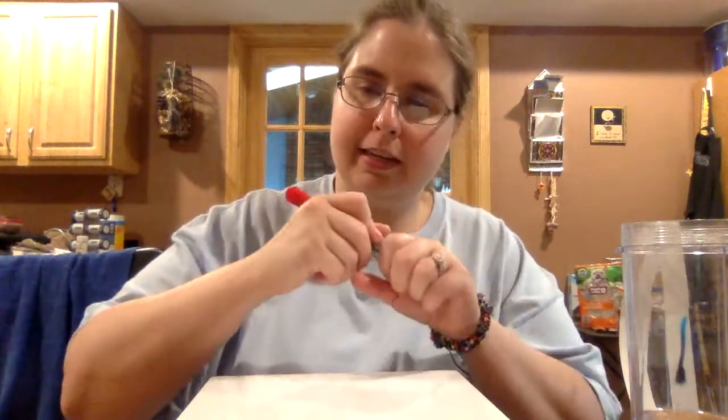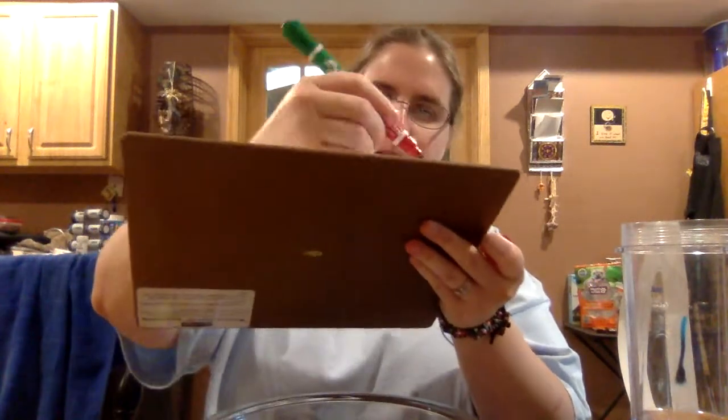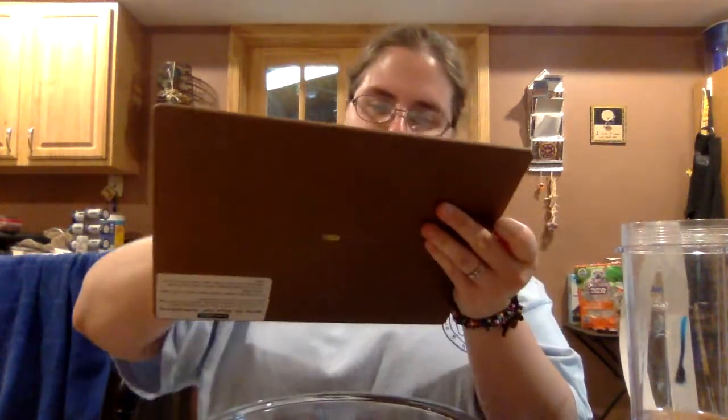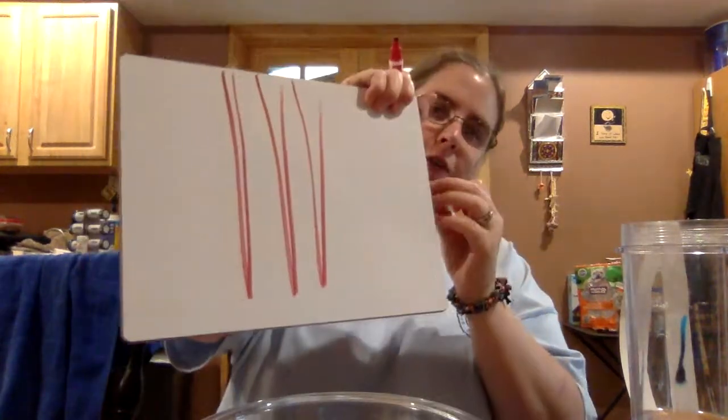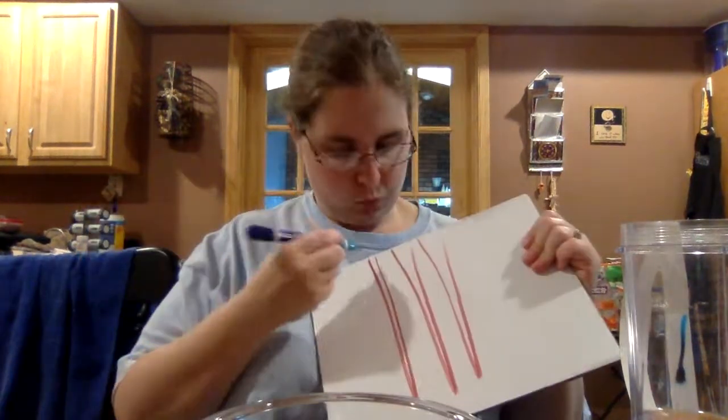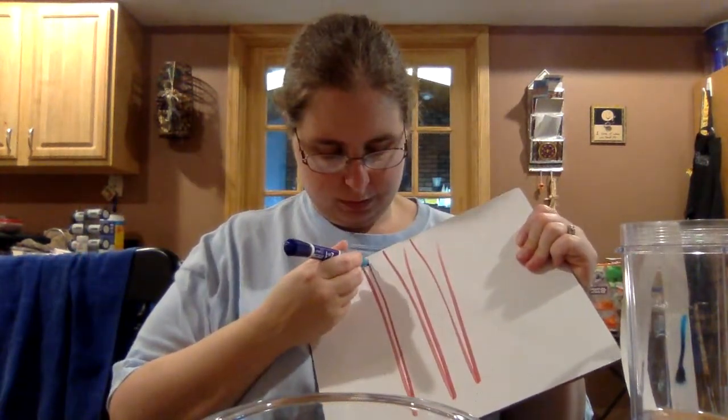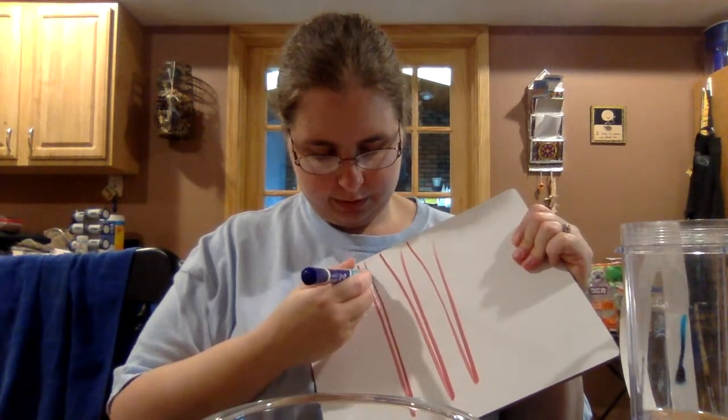So let's say this is a hair strand. That's a hair strand. That's a hair strand. So we have 3 hair strands right there. So what happens is the water is going to hydrogen bond, not just to one side of the hair, it's going to bond all the way around it.